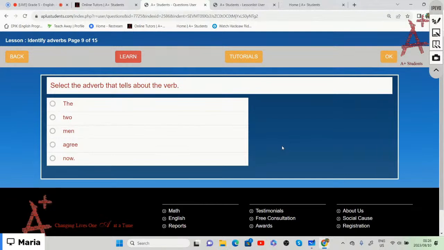The two men agree now. So when do the two men agree? Remember, these are the questions that we need to ask ourselves. And then we can say the men agree now.